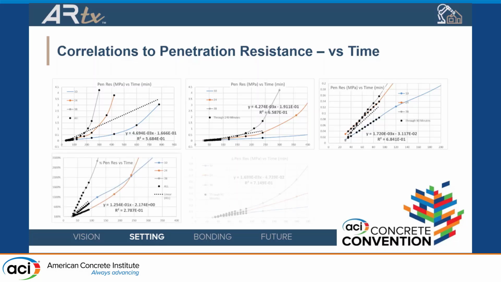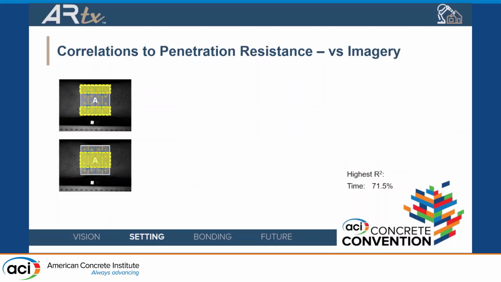If we look at penetration resistance gain rather than raw penetration resistance, it works a little bit better, but still not very good performance, 71.5% R squared. So this is a real quick statistic that we use as a baseline to say, okay, can we see image parameters that can predict this penetration resistance better than if we just used a stopwatch?